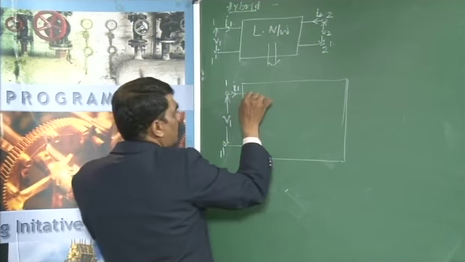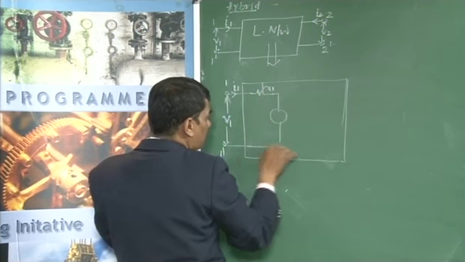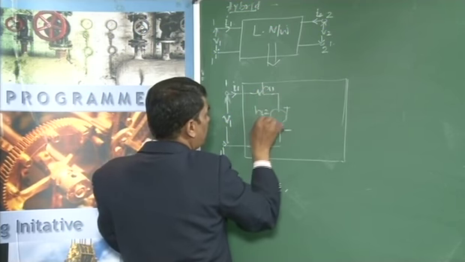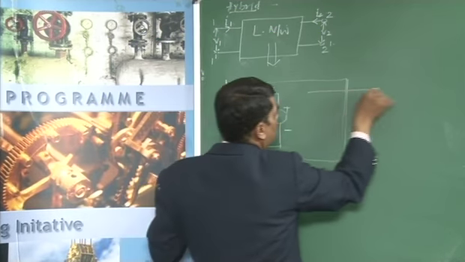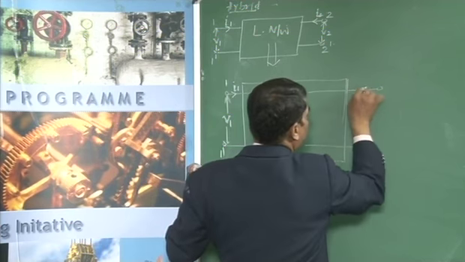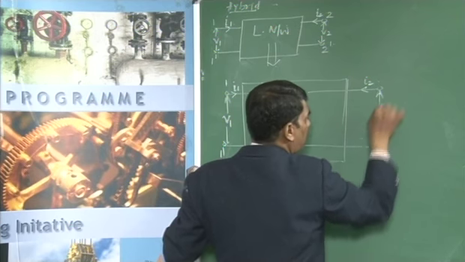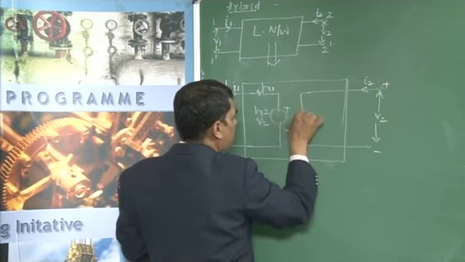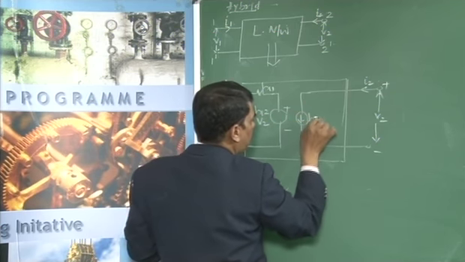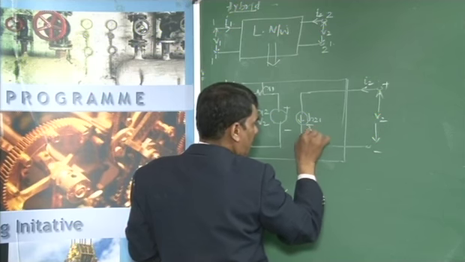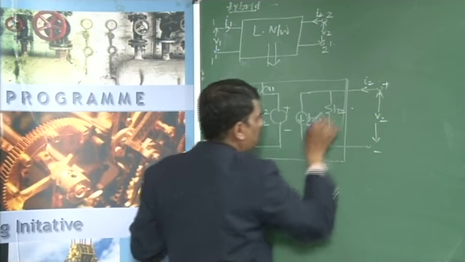The equivalent circuit has H11, and a constant voltage source given by H12 into V2. On the output side, the output current I2 is driven by the applied voltage V2, and this is replaced with a constant current source H21 I1, with a conductance H22.